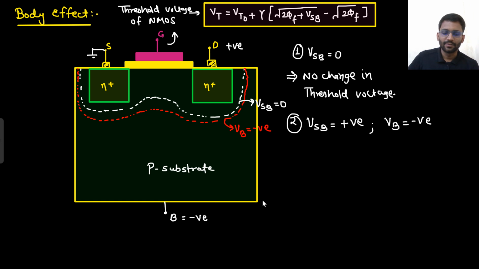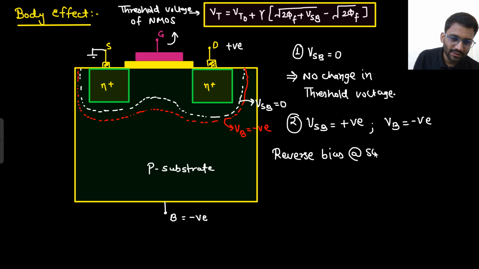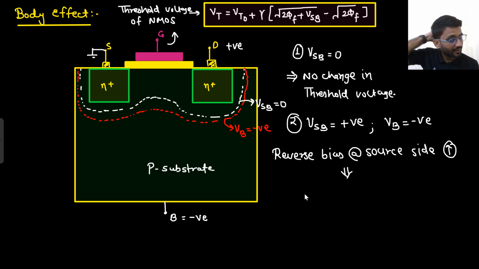So let's write it down. When VB equals negative, what are you doing? Reverse bias at source side is getting increased. What will happen?